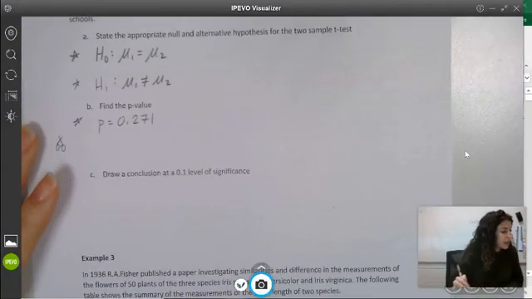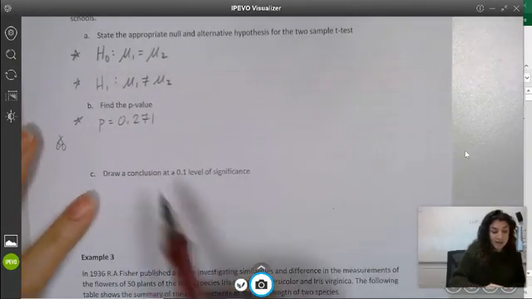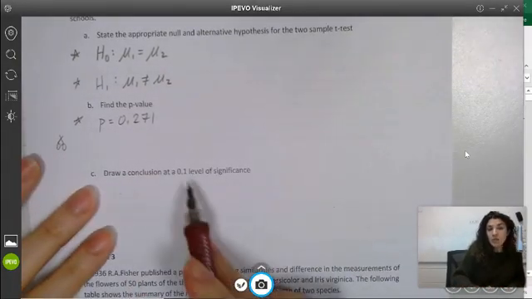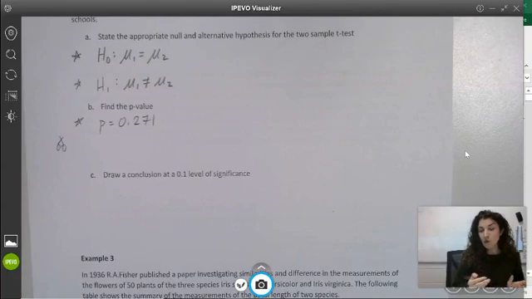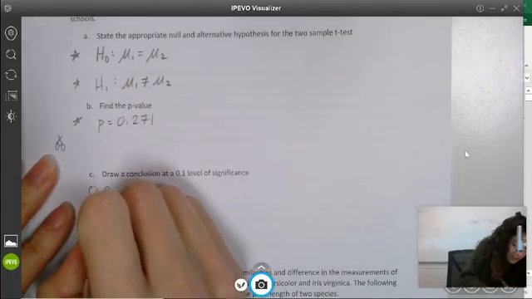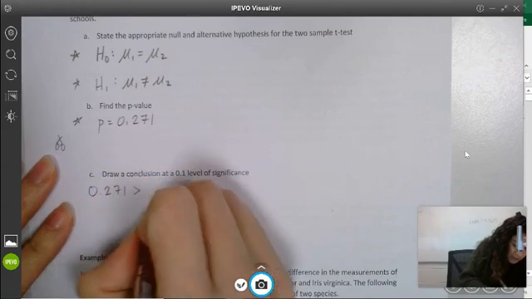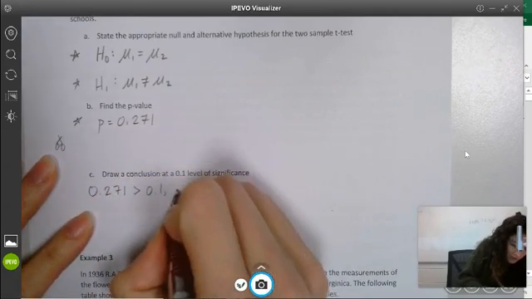For 3 significant figures. And that's all we need to find, because then the next one says, okay, compare it to a 0.1 level of significance or a 10% significance level. We can see that 0.271 is greater than 0.1.